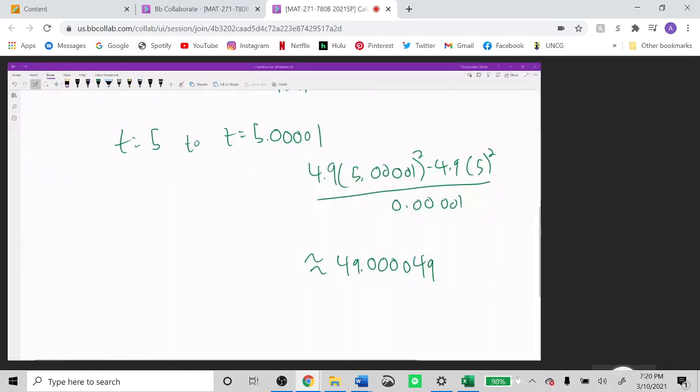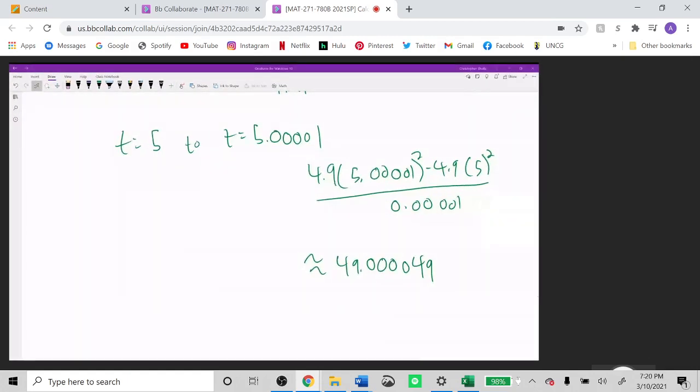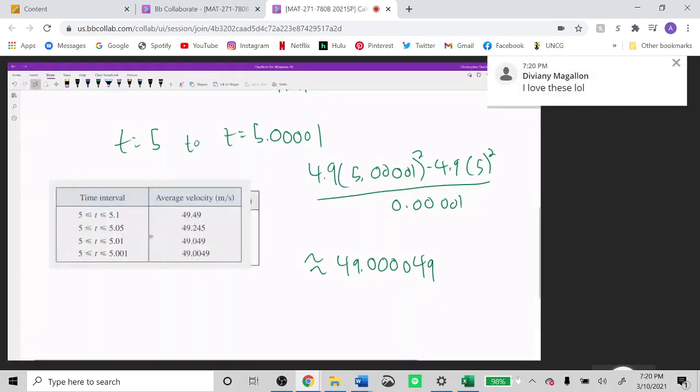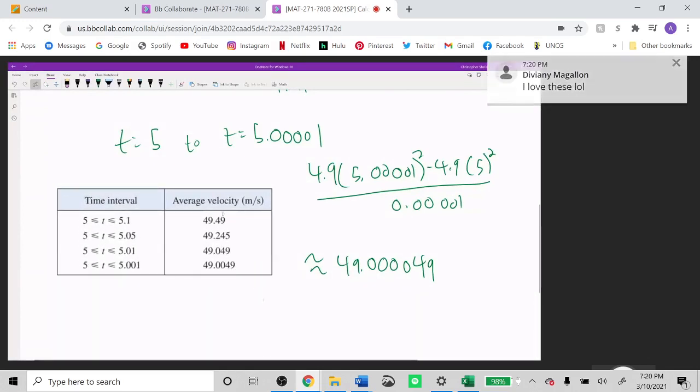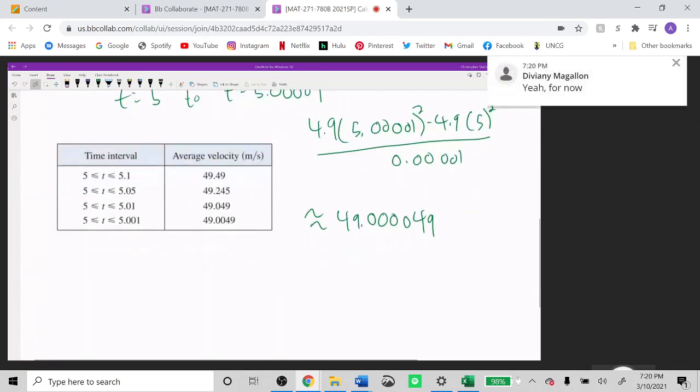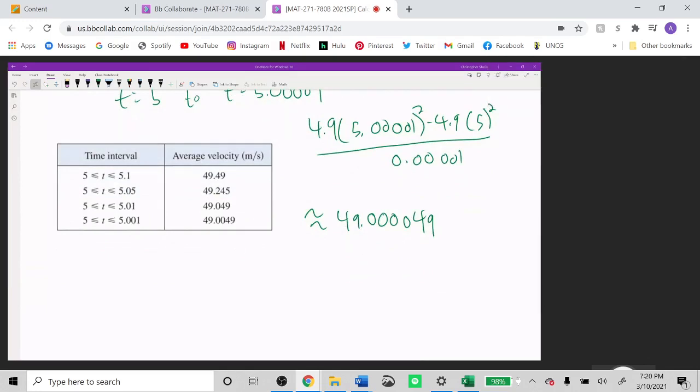So if we had chosen a few more gradual time intervals, what we would have gotten was this. We would have seen here that this average velocity is getting closer and closer to what? What do we think this average velocity is getting closer and closer to?